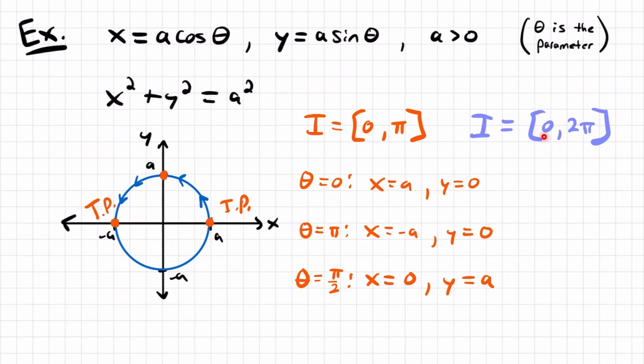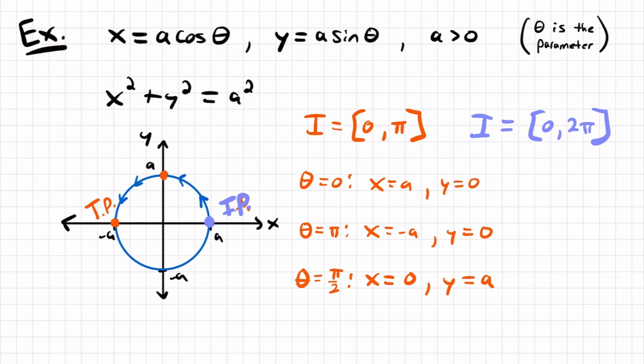Because our initial point is when theta equals 0, which is the same as this interval. So the initial point will still be at x equals a, y equals 0. What's going to change is our terminal point. All right, so I'm just going to make a quick note that this is still our initial point. This is the initial point for this interval. But where is it going to end? What is the terminal point?